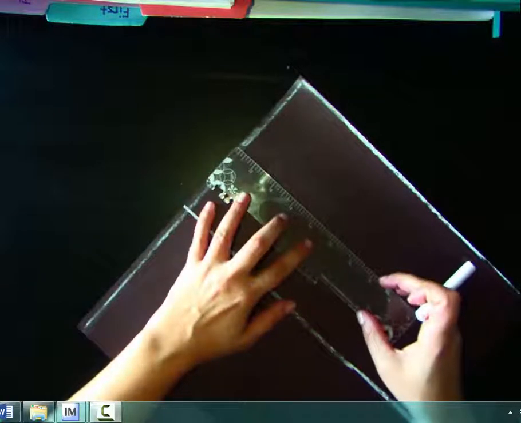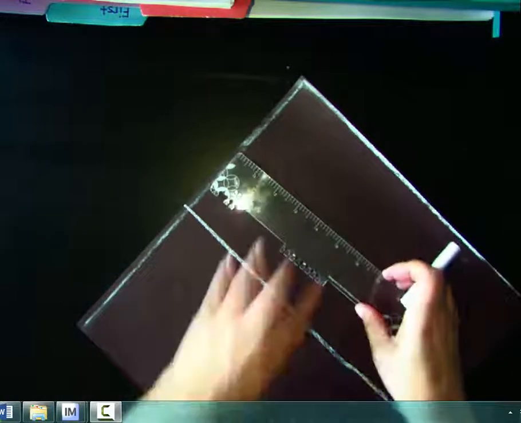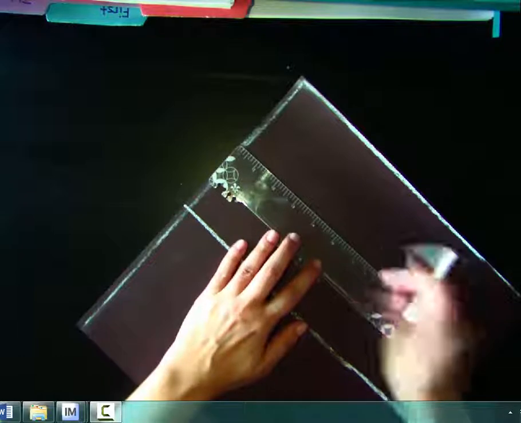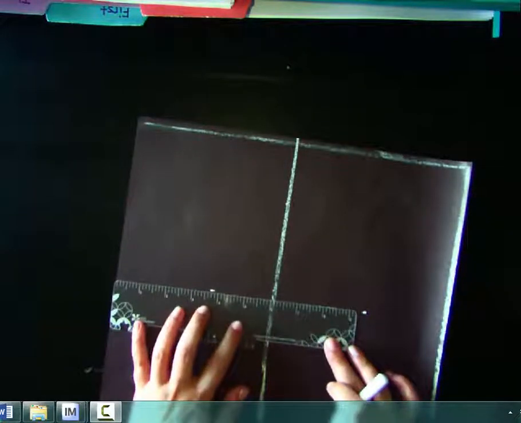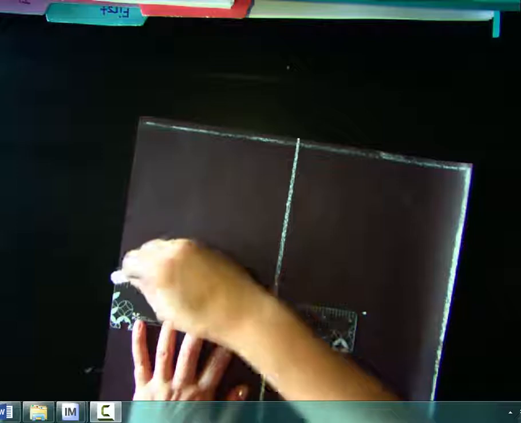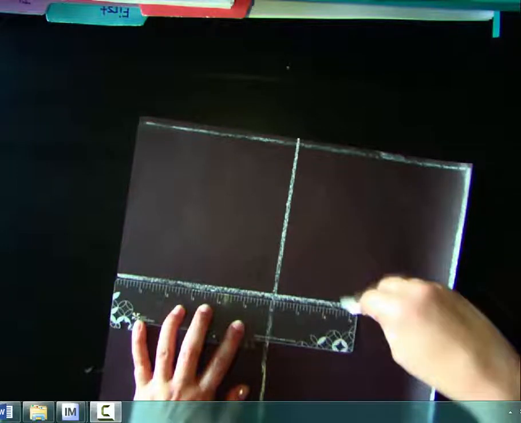And then I'm going to cut it in half this way. Essentially, I am now making 1/2 foot by 1/2 foot tiles.